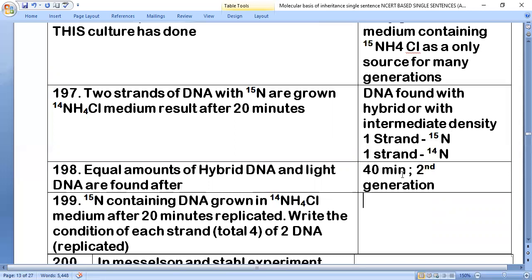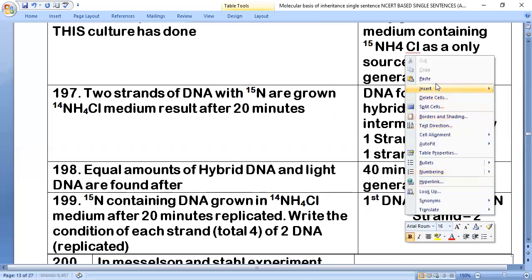A total of 2 DNA replicated. First DNA: strand 1 is with N15, strand 2 is with N14.